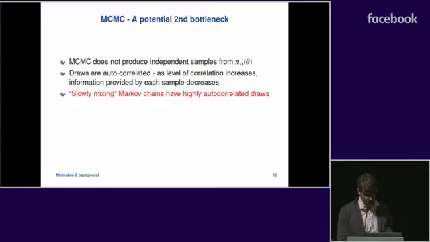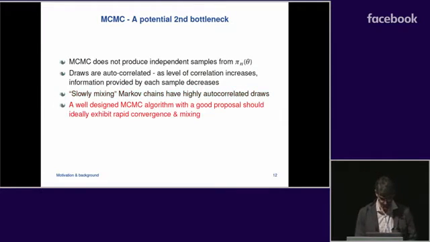So the slow mixing Markov chain problem is what we're really worried about in these high-dimensional cases: increasing autocorrelation as the problem size increases. And this can occur both in N and in P. Okay. So a well-designed MCMC algorithm with a good proposal should ideally be scalable in the sense of the mixing rate not getting worse and worse in the problem size.